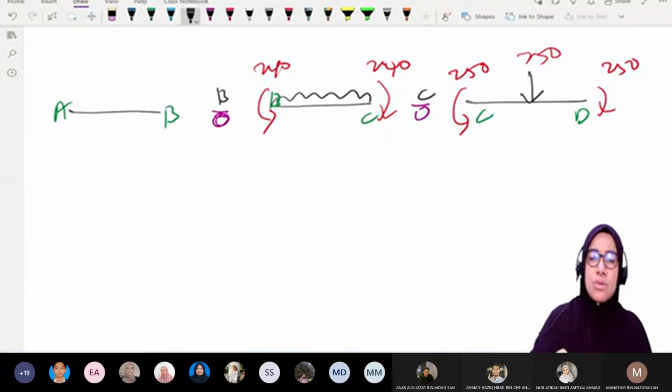Okay, so now I want to draw the joint moment. And remember, joint moment is opposite. So look at B and put the opposite direction. So this is 240.